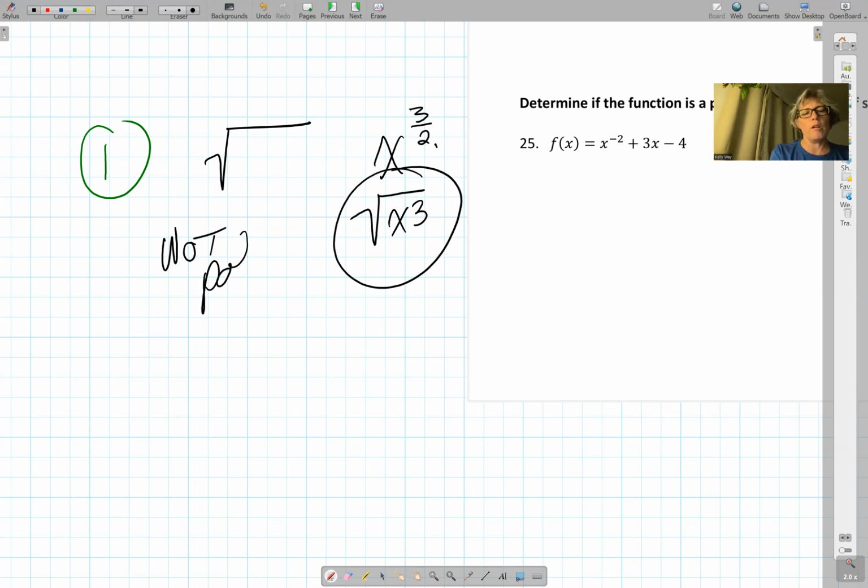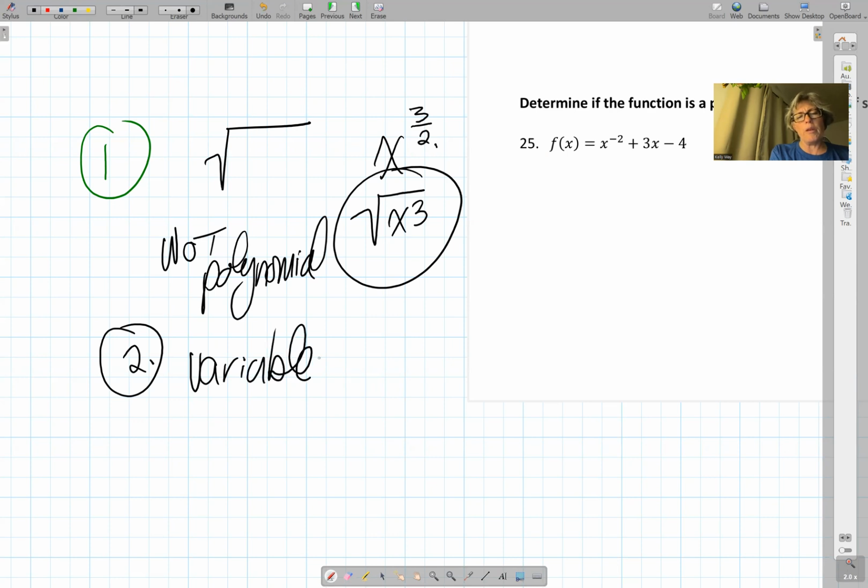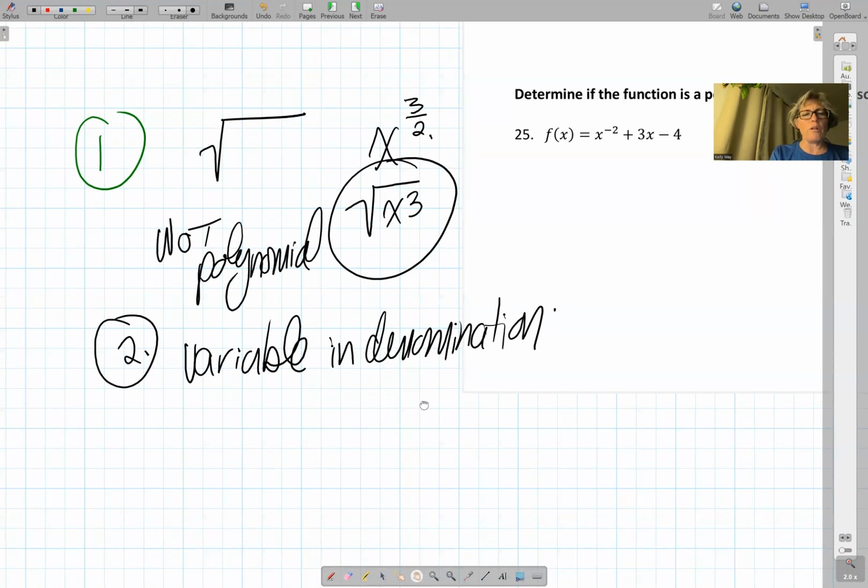Okay. Number two is whether you have a variable in the denominator of a fraction. So let me give you a couple examples here.